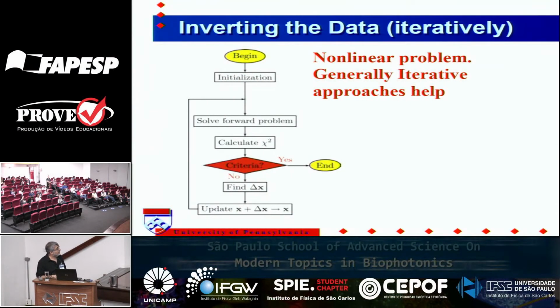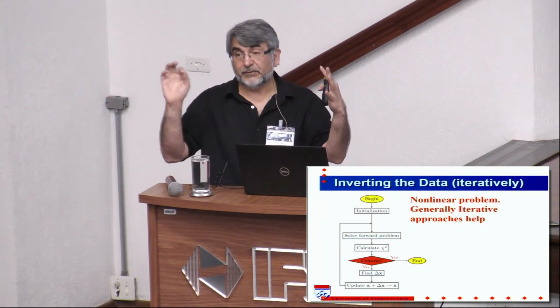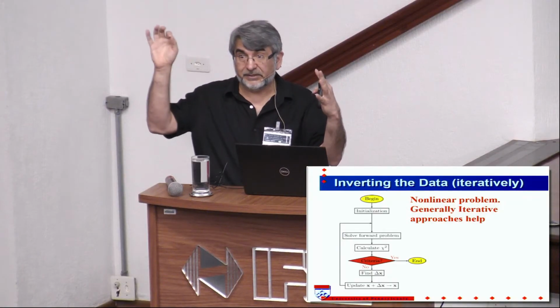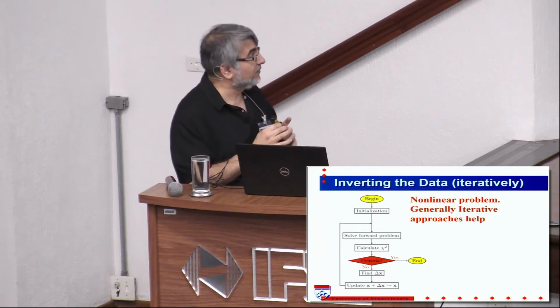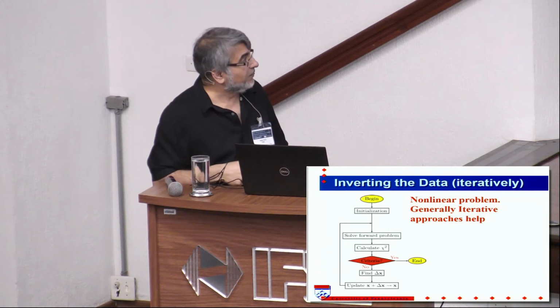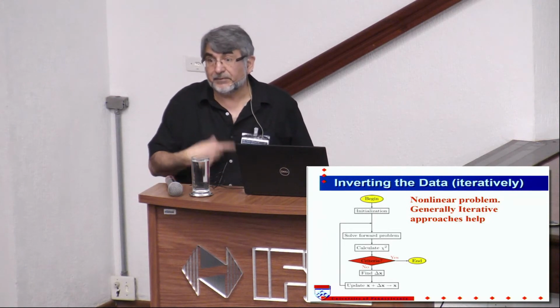If the chi-squared is not very small, then using the difference between the measured signal at a particular source and detector and the predicted signal for that source and detector, you can update your optical properties.